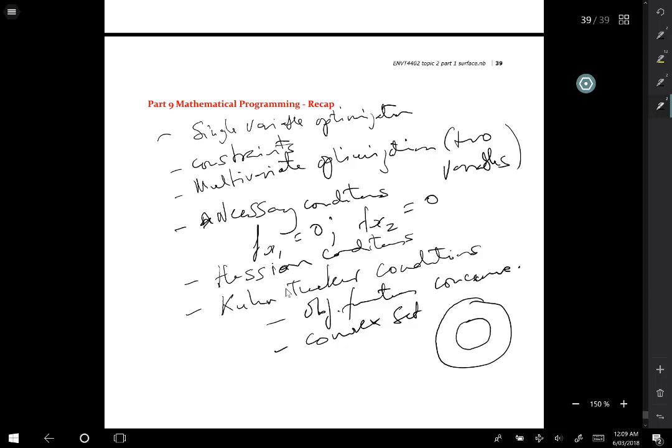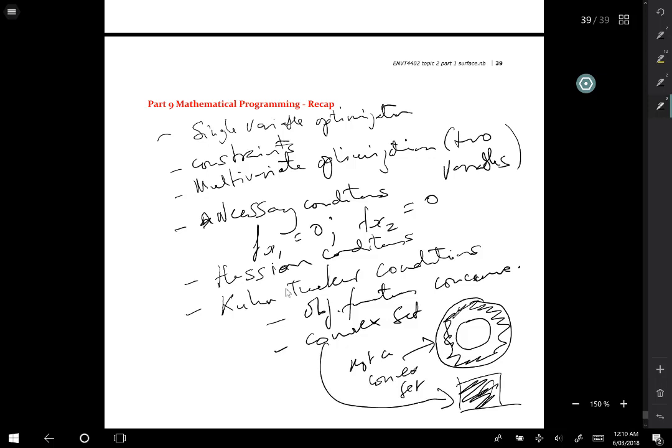Donuts are not a convex set, whereas something like that is. So not a convex set, and that one is a convex set.